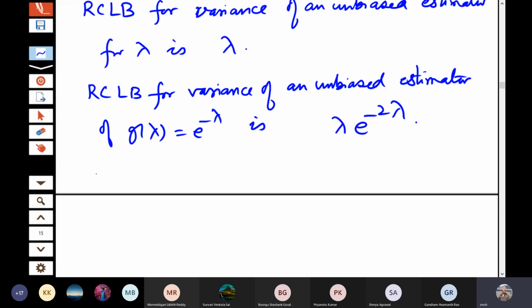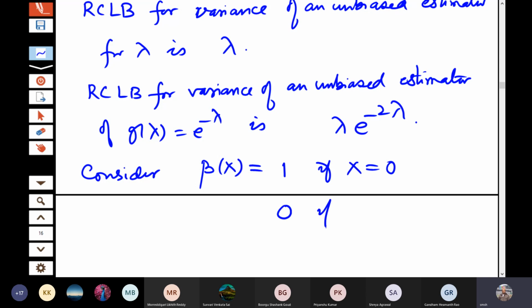I will consider some unbiased estimator here. Let me call it, say, beta of X. So that I am calling to be 1 if X is equal to 0, and it is 0 if X is 1, 2, and so on. Okay. This estimator yesterday I have shown you in the context of geometric distribution.